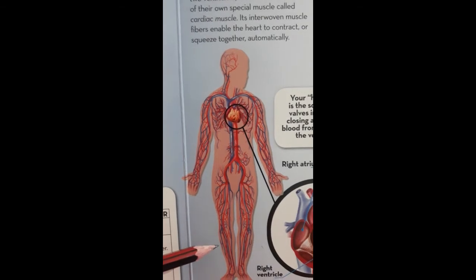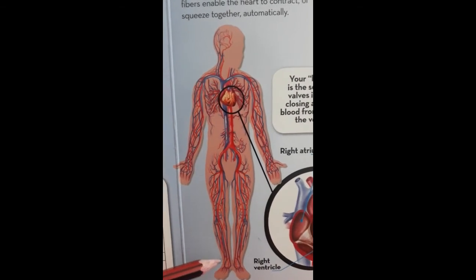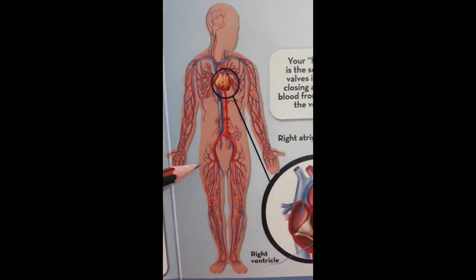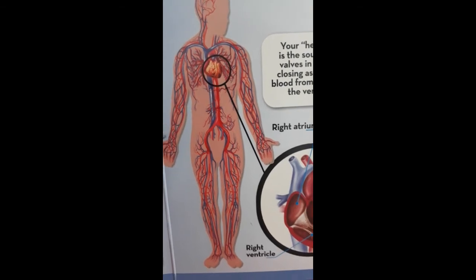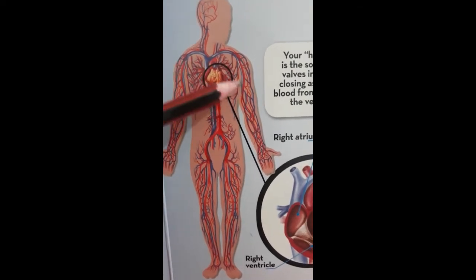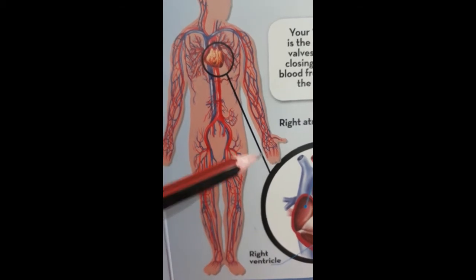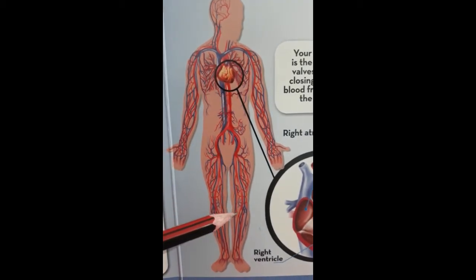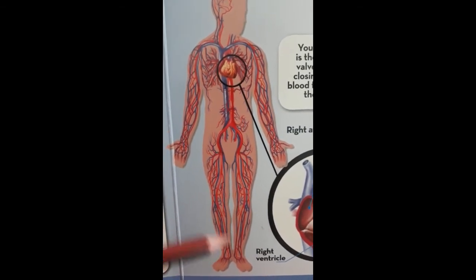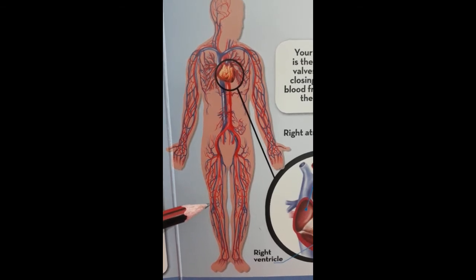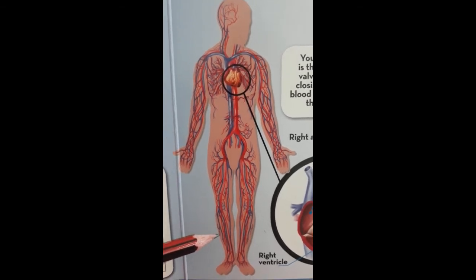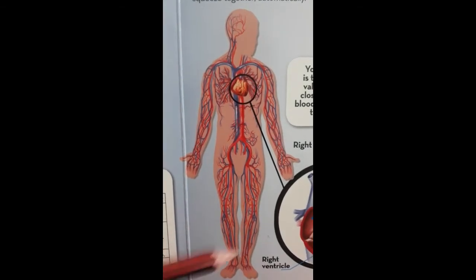Can you see the fine branches of blood vessels passing throughout the body? These divide into many branches and enter the tissues, and they are called blood capillaries. They are very minute tube-like structures.